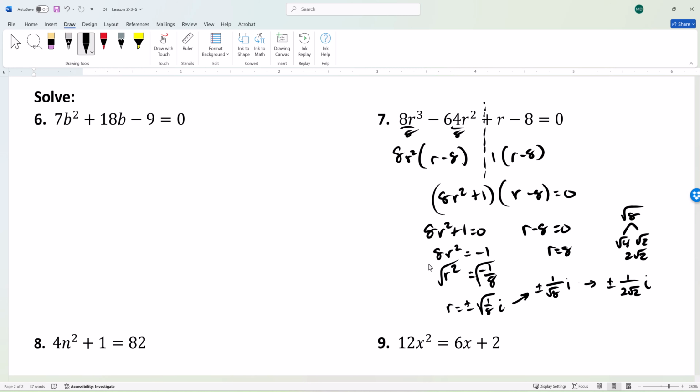Now I have to get rid of this root 2 in the denominator, so we multiply the top and bottom by root 2. Root 2 times root 2 is root 4, which is just 2. So on the top, 1 times root 2 is root 2 over, you get 2 times 2, that becomes 4. So that's plus or minus root 2 over 4 i.